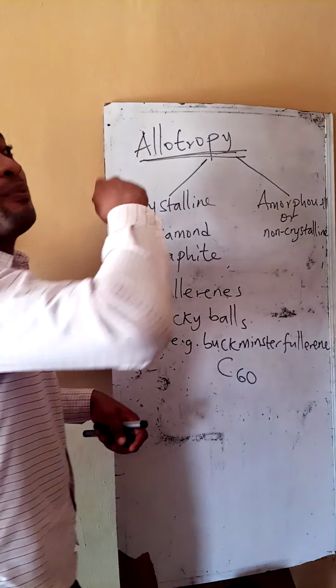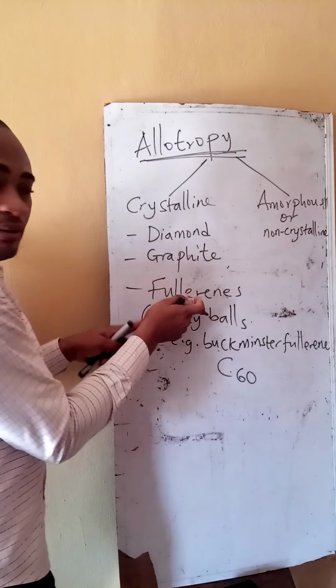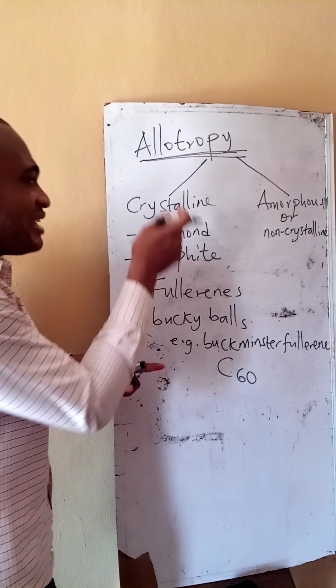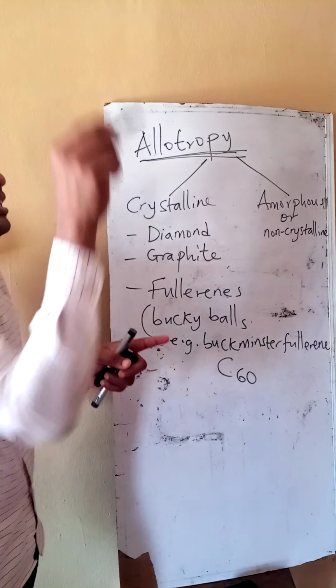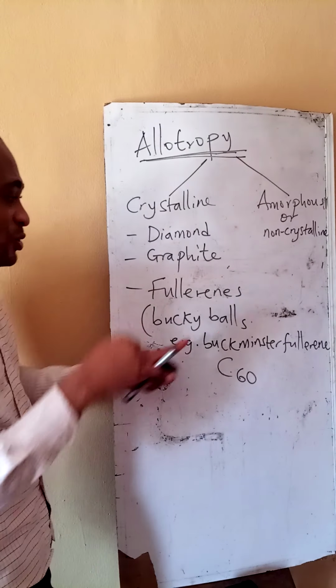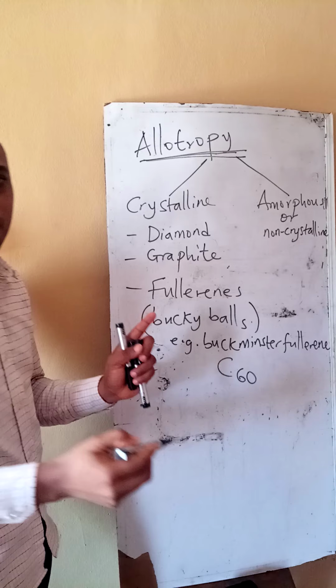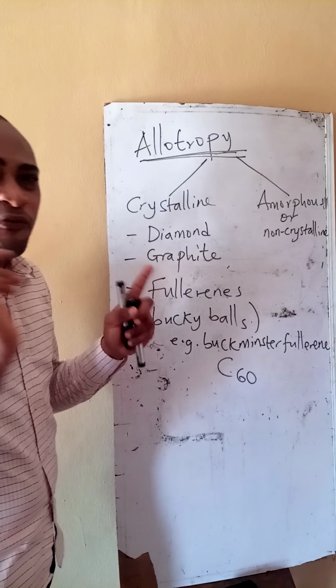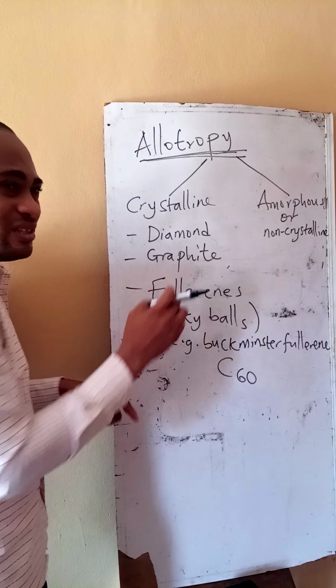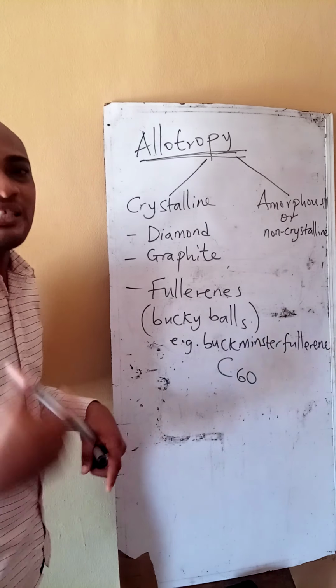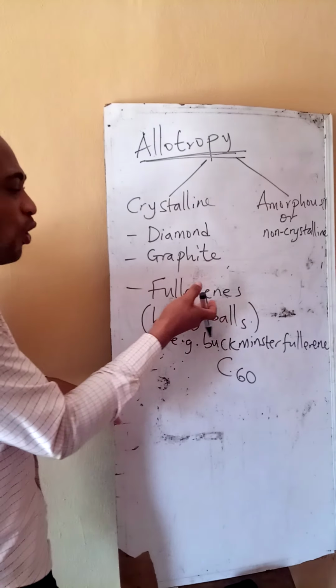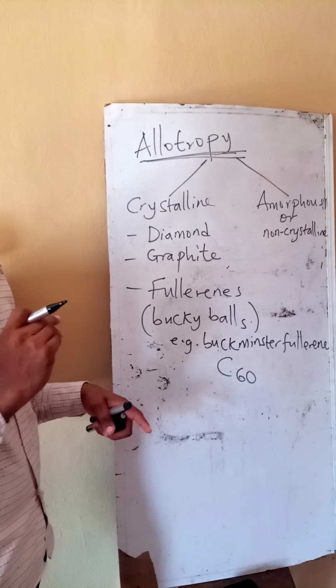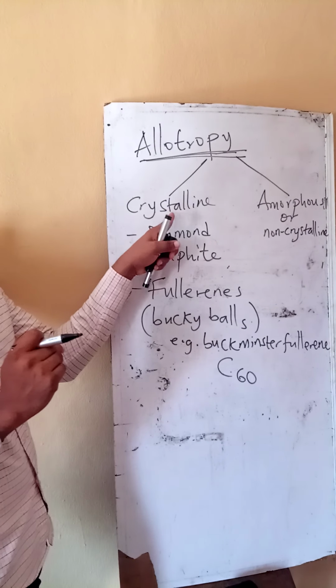So once you have carbon atom 60 and above, they are under the fullerenes. They are crystalline. You see them in a ball-like shape, and that is why sometimes they call them buckyballs. But the use of these fullerenes is still being studied. Scientists are still engaging in studies to show the functionality of the fullerenes, but it is still crystalline.